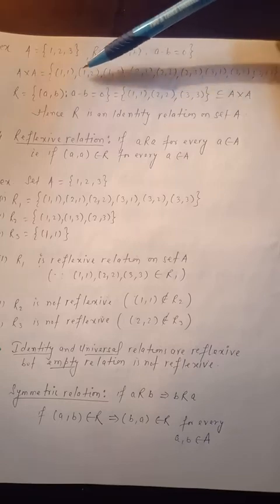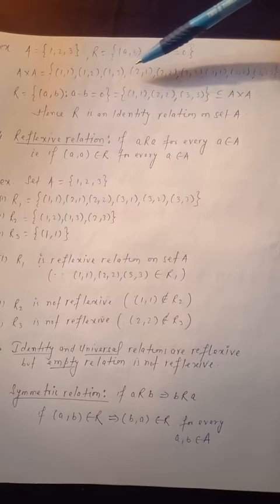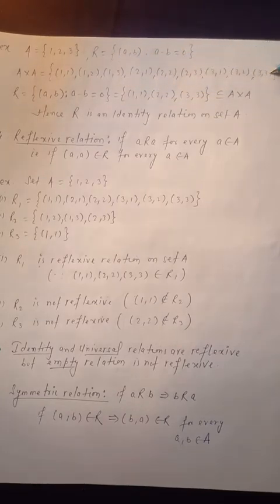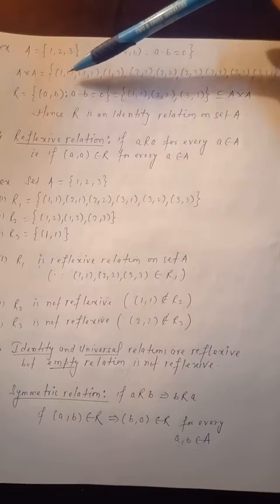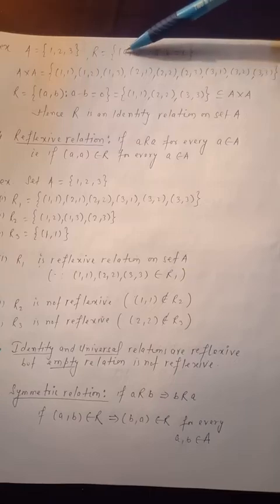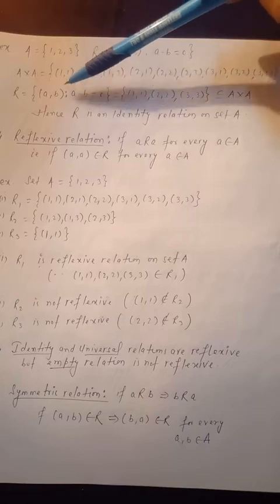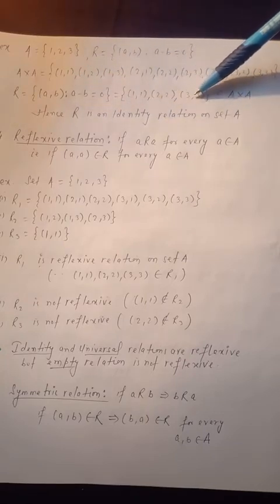And here 1 minus 2 is minus 1, so we will not take it. Now here 2 minus 2 is 0, and finally 3 minus 3 is 0. So there are only 3 elements which satisfy this condition. a means the first element, b is the second element. So this relation is actually {(1, 1), (2, 2), (3, 3)}.